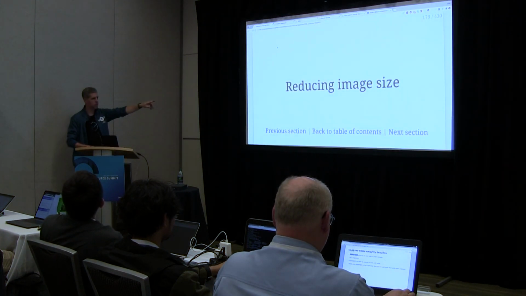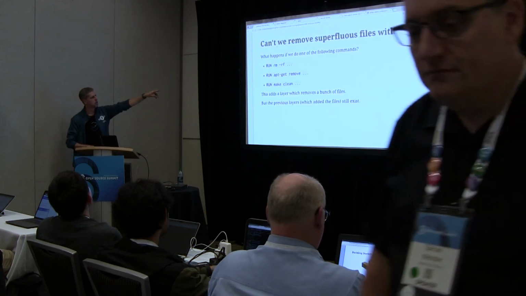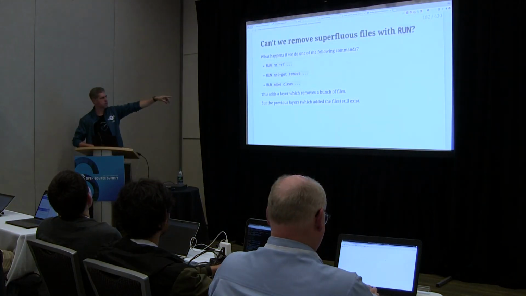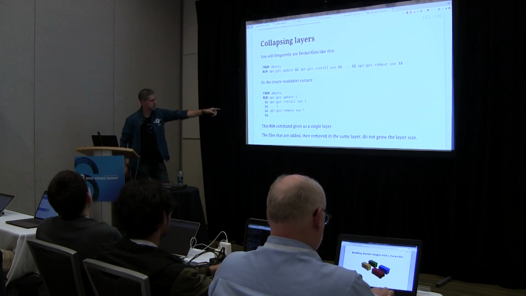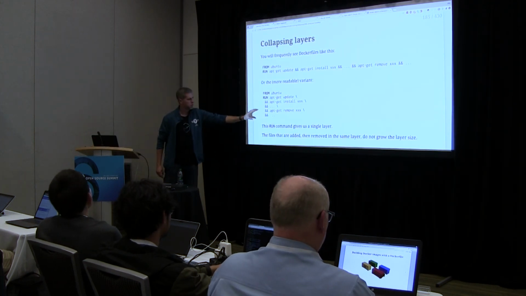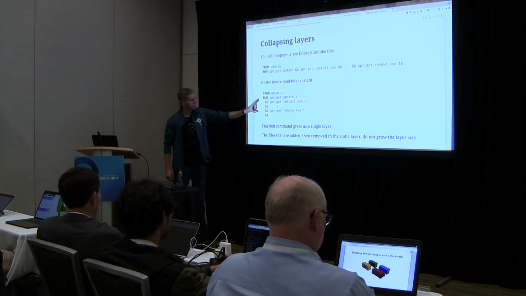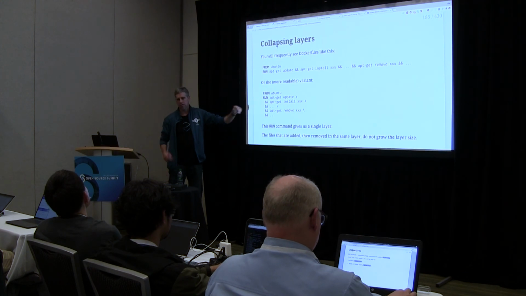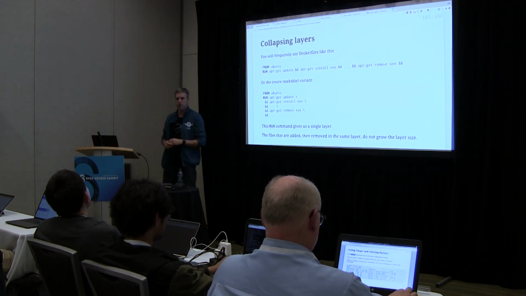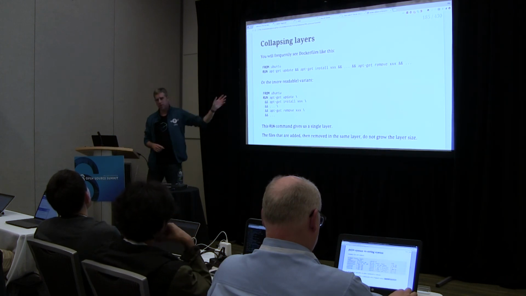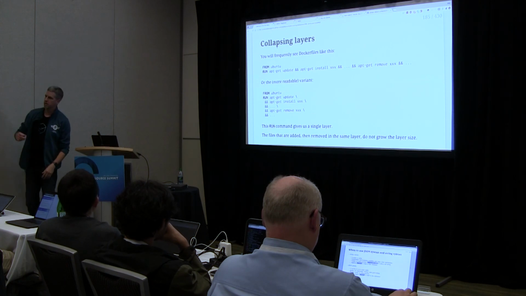If you load up this material and look at the section on reducing image size, it talks about having these as separate commands versus combining them into a single run command. Obviously if we install or remove things, it's better to do that all in one command so we don't end up with layers that have files which are then removed by an upper layer. So there's a lot of great information about better efficiency of Dockerfiles.